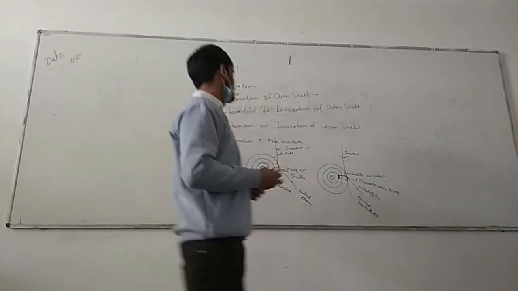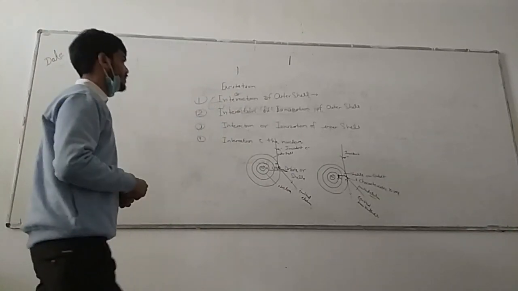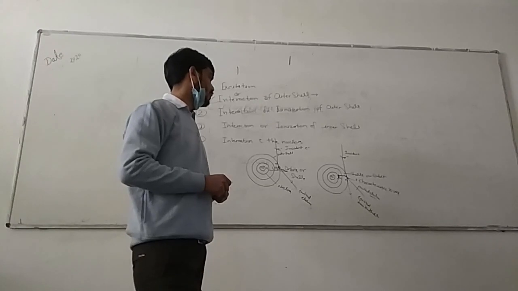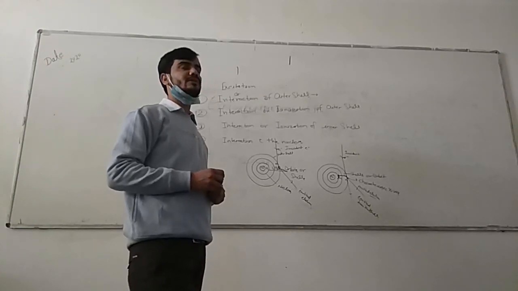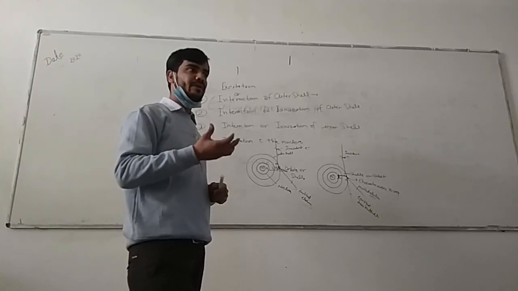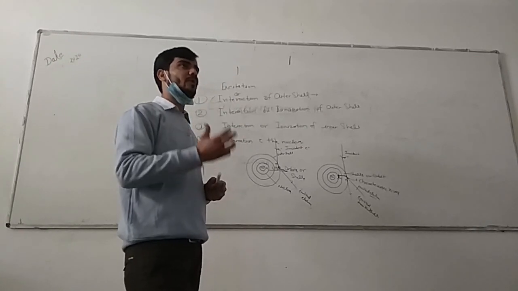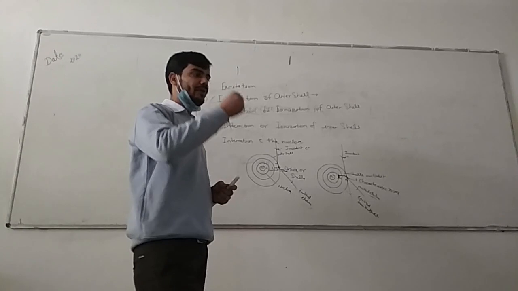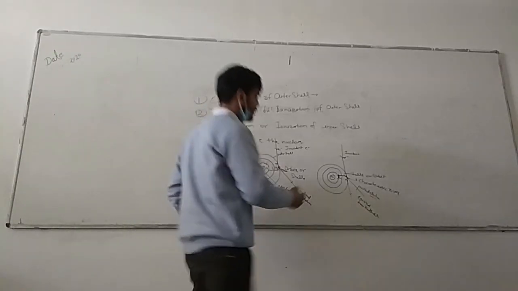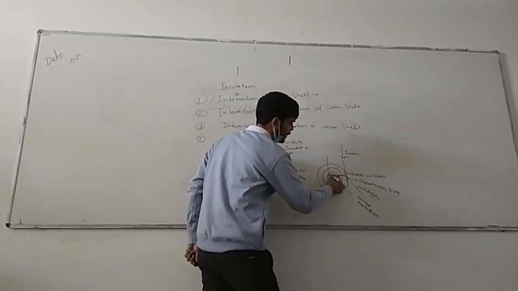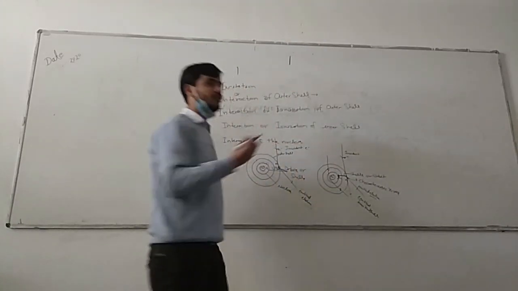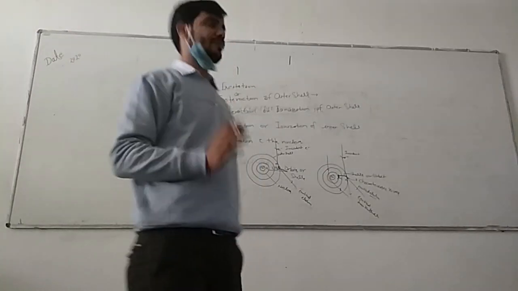So the next process is the interaction with the nucleus. If any incident electron passes near to the nucleus, it gets excited and changes its path by attraction force of the nucleus to the electron.